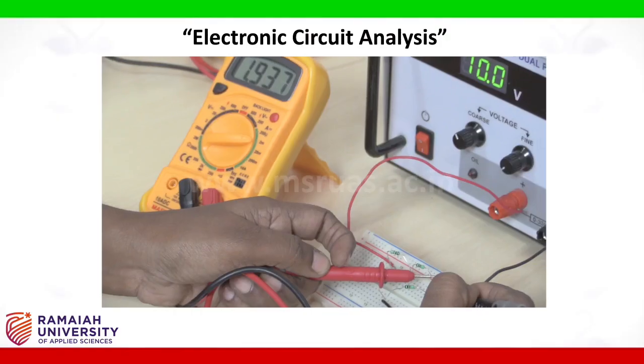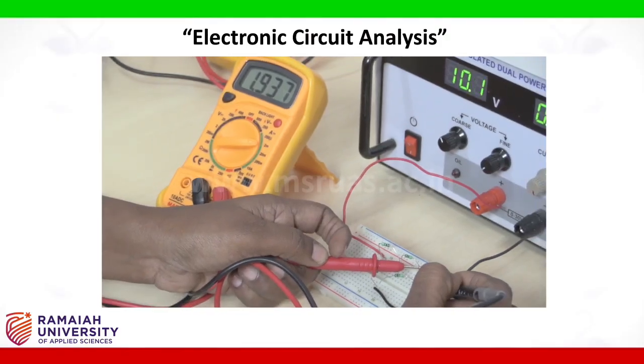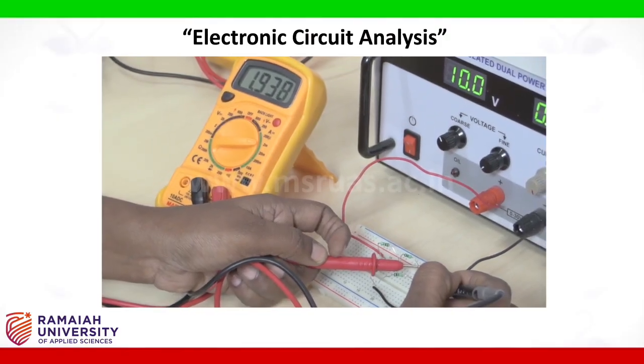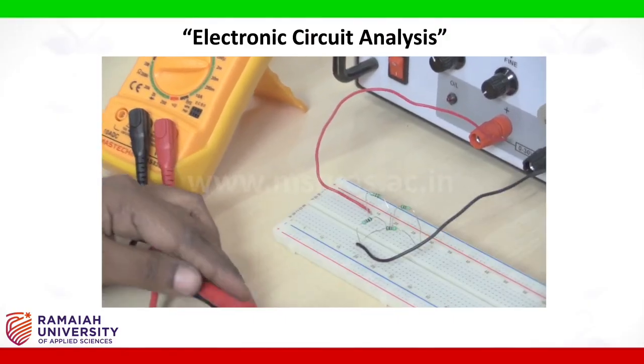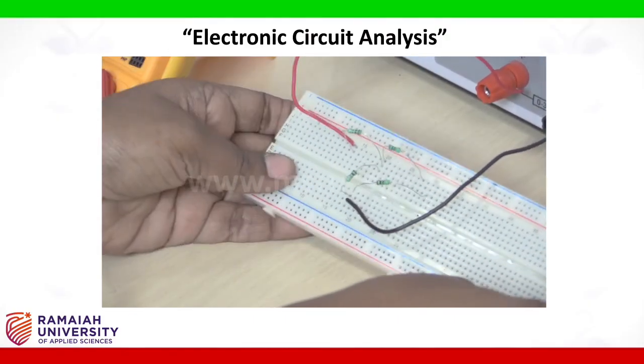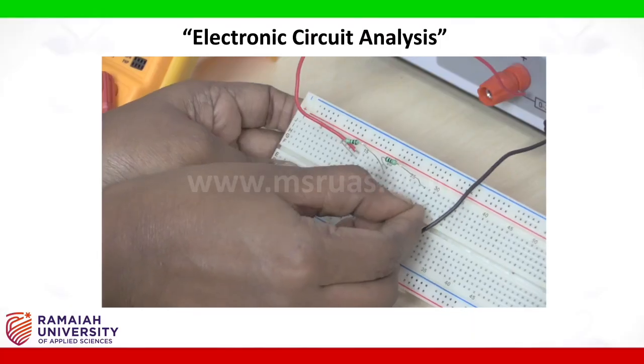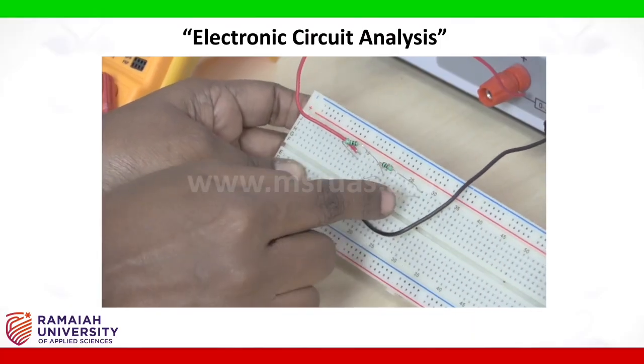The current is shown in the ammeter as 1.9 milliamps. Put the resistor leg back in original position.